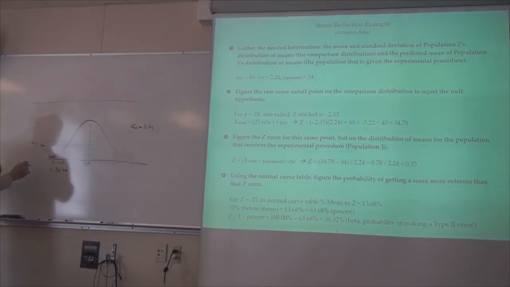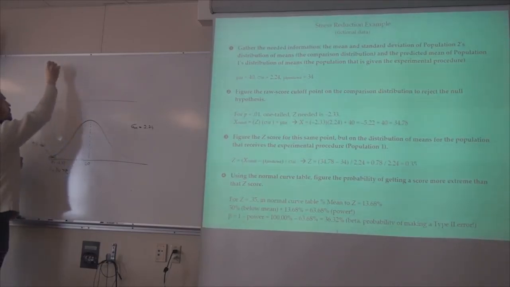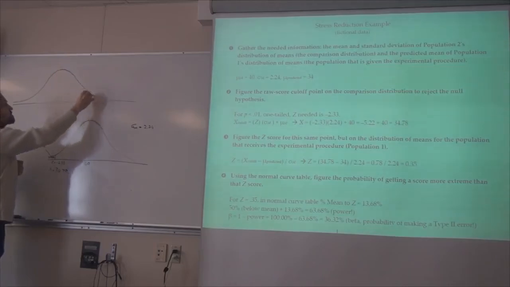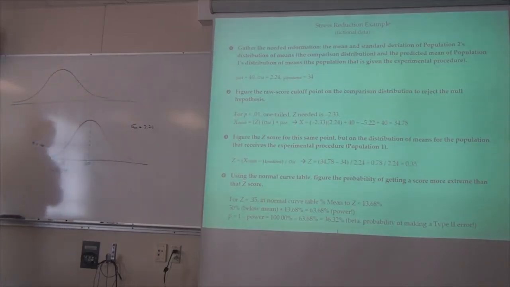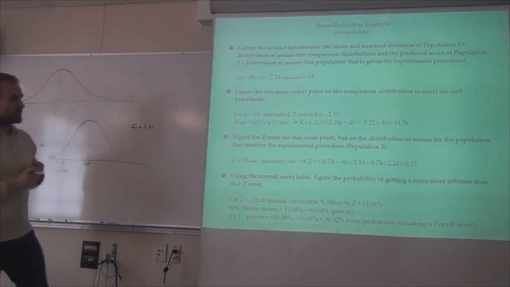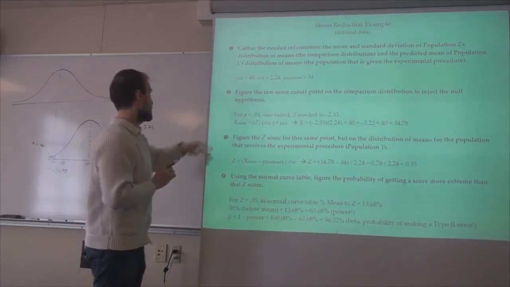Yeah, I was going to sit over here a little bit. Close, but so I'll have a distribution that's centered like that. Well, that's nice. Little angle, but still. So I'm looking at a cutoff value of 34.78.